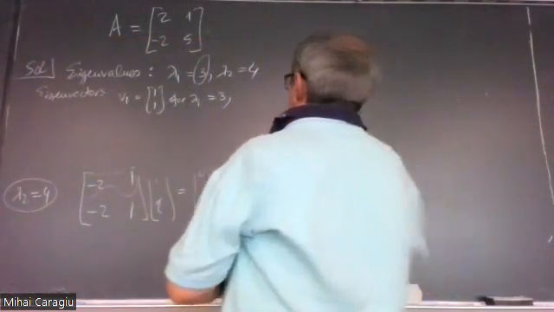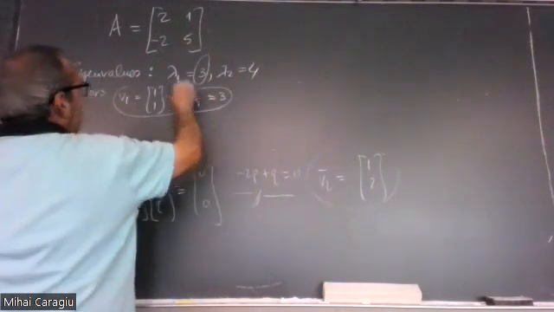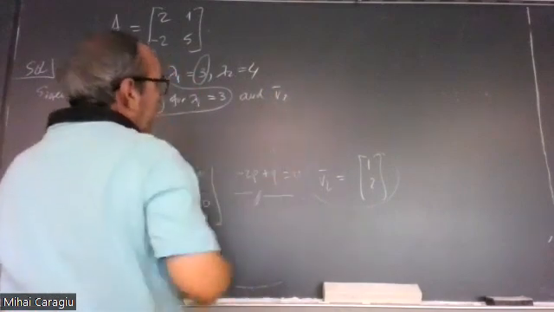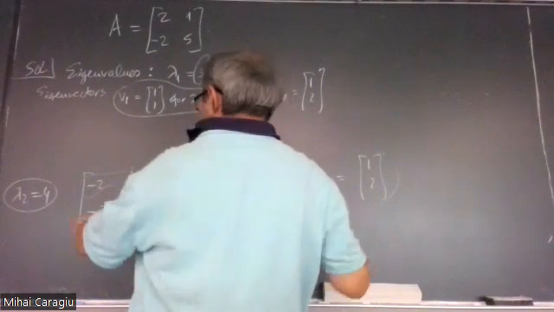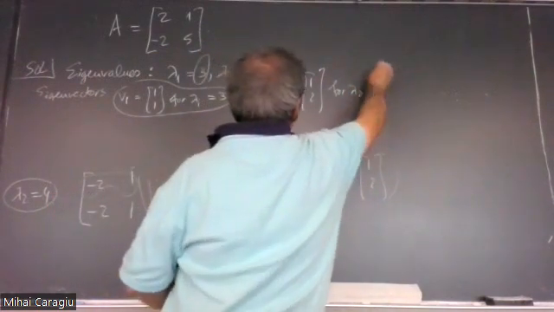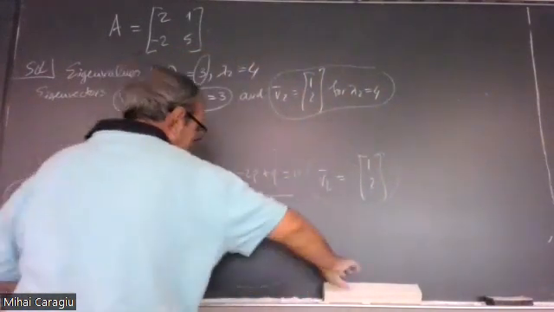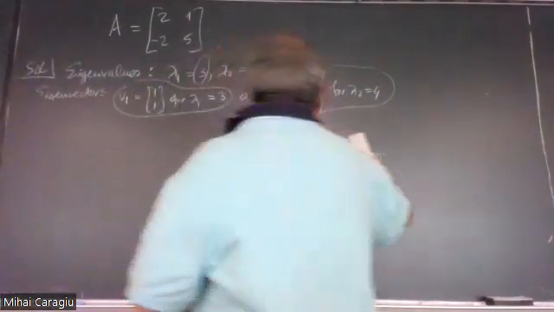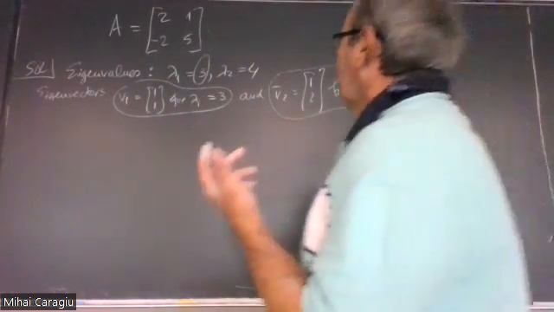And the eigenvector v2 equals 1, 2, the eigenvector for lambda 2 equals 4. Okay. That's very important. So that's the first important two steps you have to do. Find the eigenvalues. For every eigenvalue, find an eigenvector.